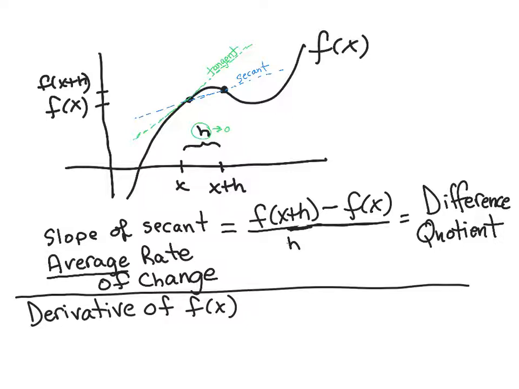Welcome to calculus. So the derivative of this function is the instantaneous rate of change, and it is also the slope of the tangent line. So there's a whole lot of information packed into this one thing.